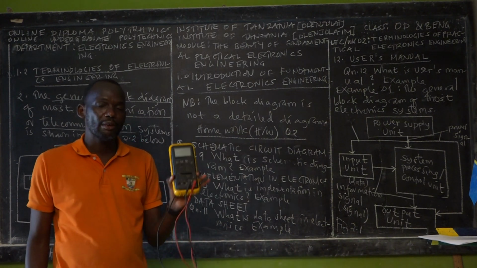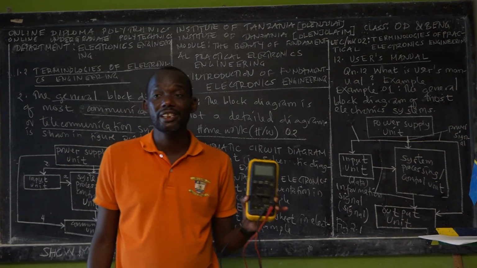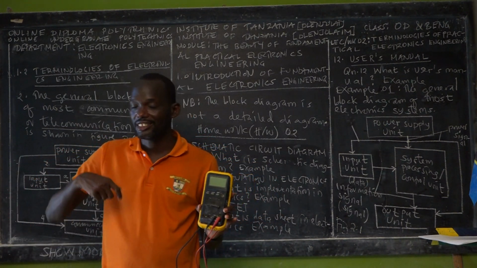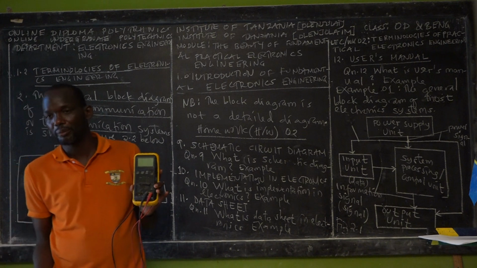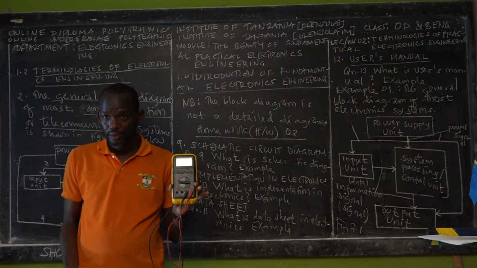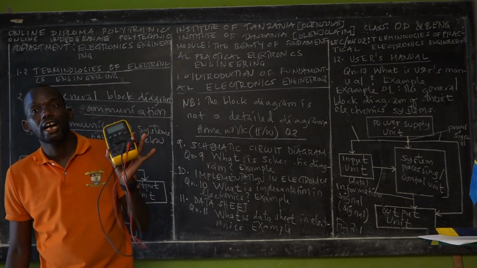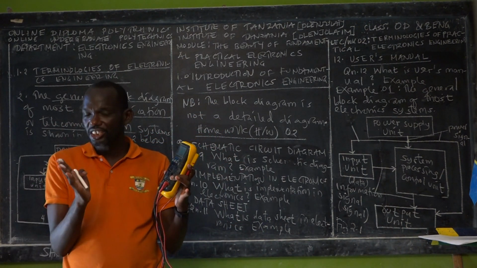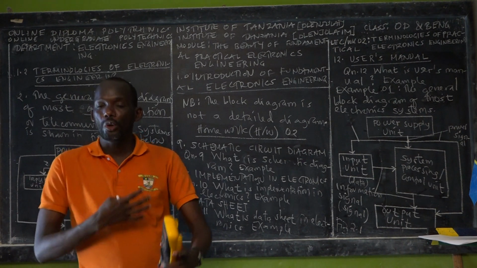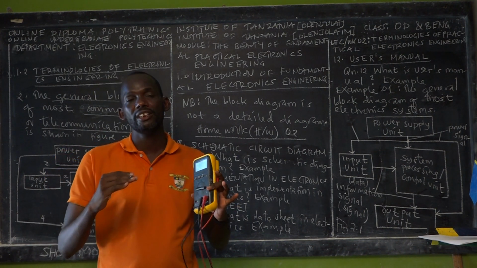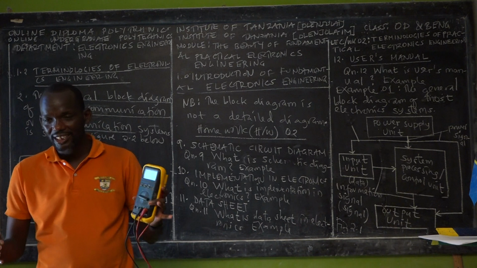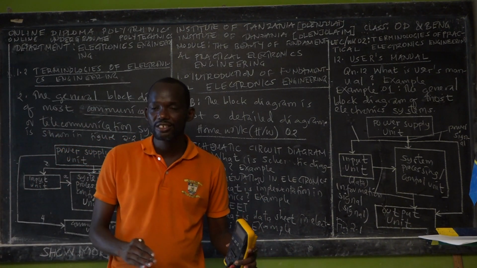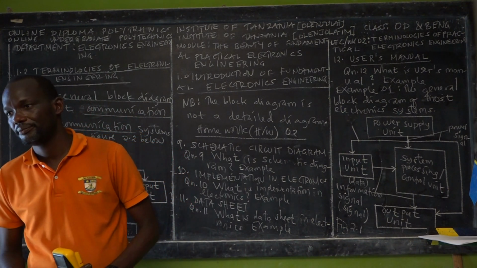Once we have a particular measuring instrument, it means we have a particular part of the circuit that facilitates such a measurement. Even before designing the schematic diagram, the designer of this multimeter begins by designing its block diagram.